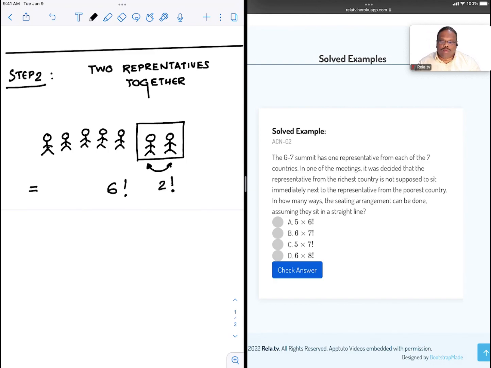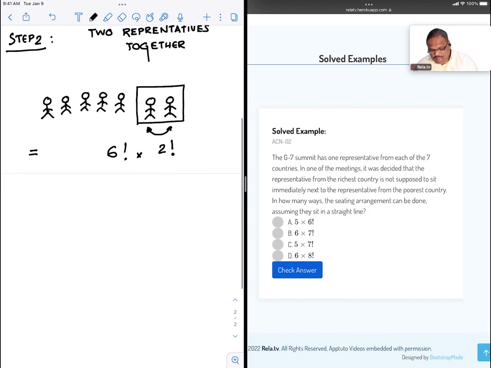So the total number of ways in which these two representatives are together is 6 factorial times 2 factorial: the 6 units can be arranged, and then these 2 people shuffle themselves within that box. That's our answer for step 2.